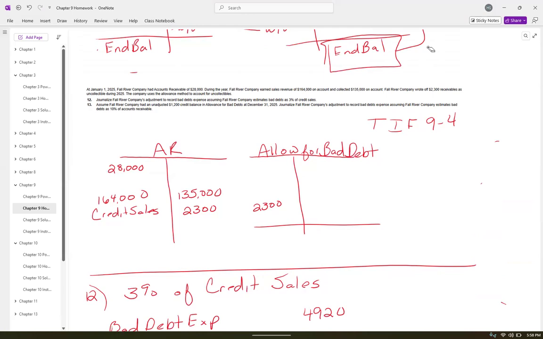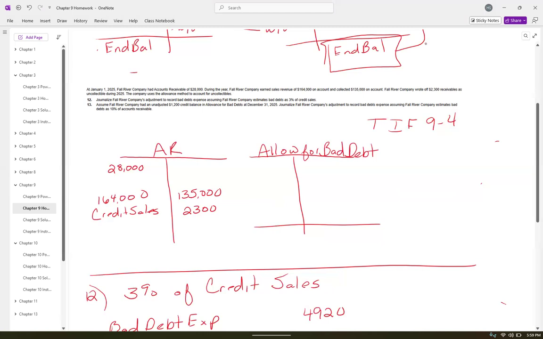The only problem I had when I was calculating this, because I put that 2,300 there, thinking that was going to be part of the calculation, but it is apparently not, based on the answer. So the next one said, assume Fall River Company had an unadjusted $1,200 balance in the allowance for bad debt at December 31, 2025.